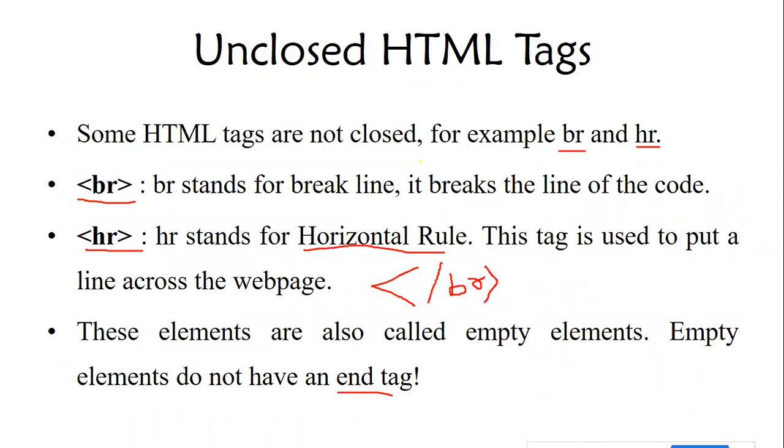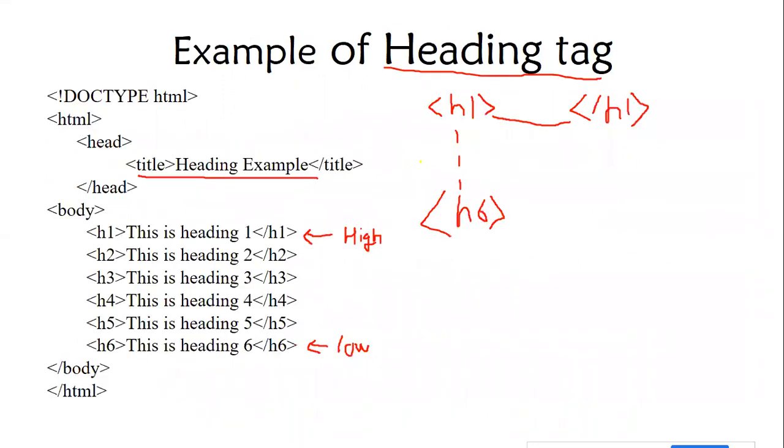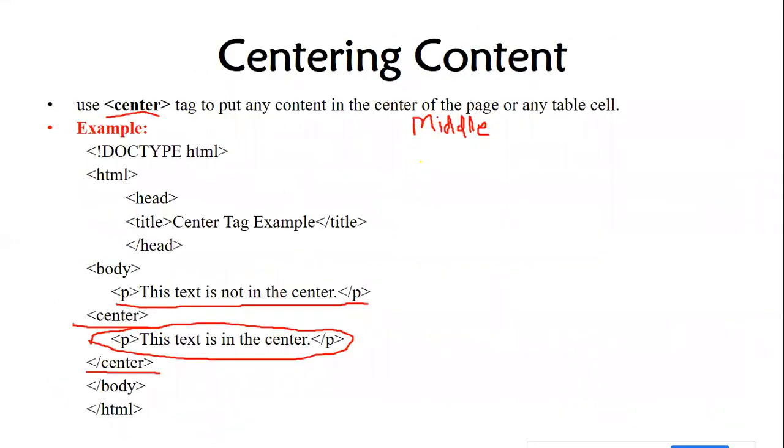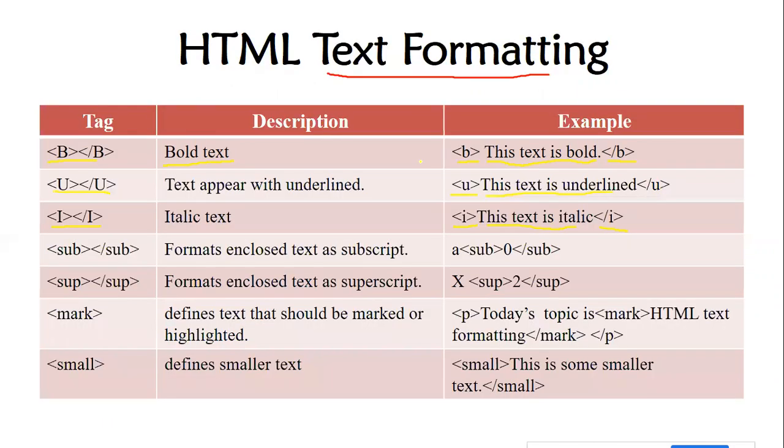Unclosed HTML tags, that is BR tags and HR tags, horizontal rules and line breaks. Examples of the heading tags, and centering the contents using the center tag, and text formatting.